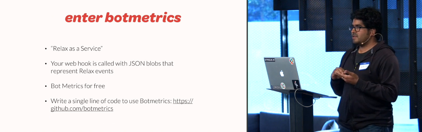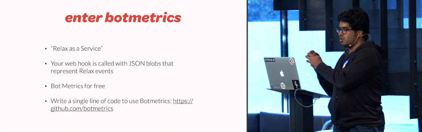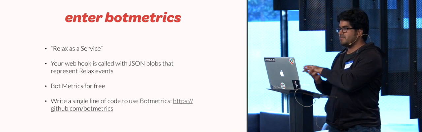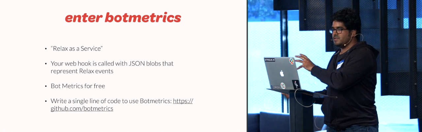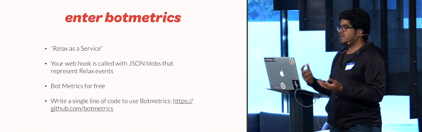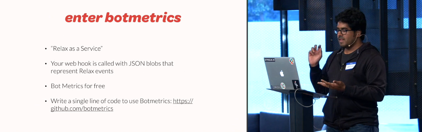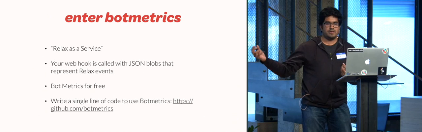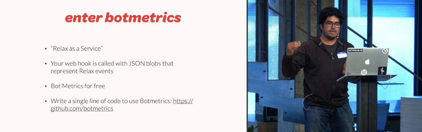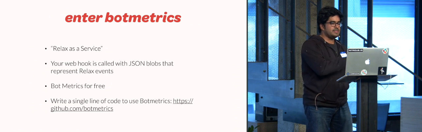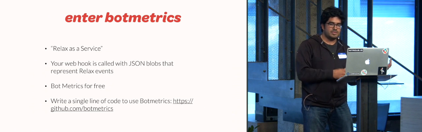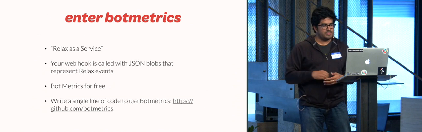So a few things that are interesting here is that the whole concept of Relax has been abstracted as a service. So you don't have to deal with managing a Redis cluster and all of that stuff. All of the events that come in from Slack, you can receive as webhook events, basically.